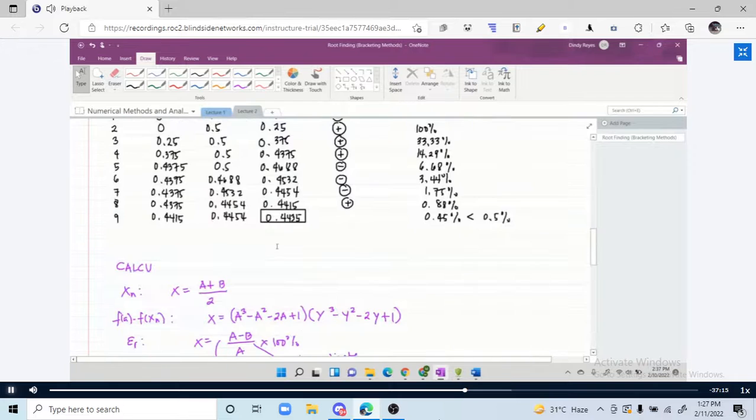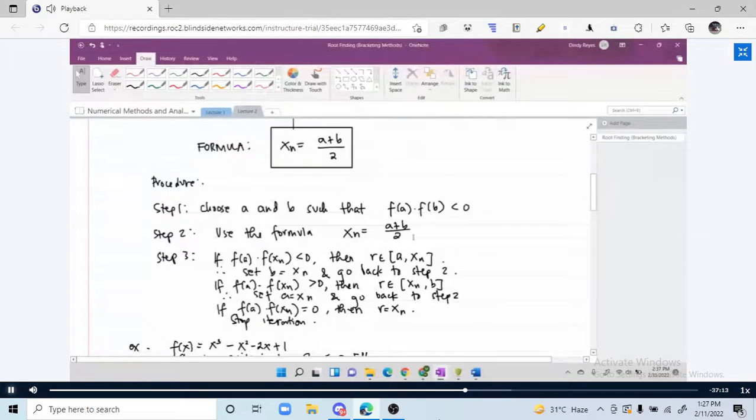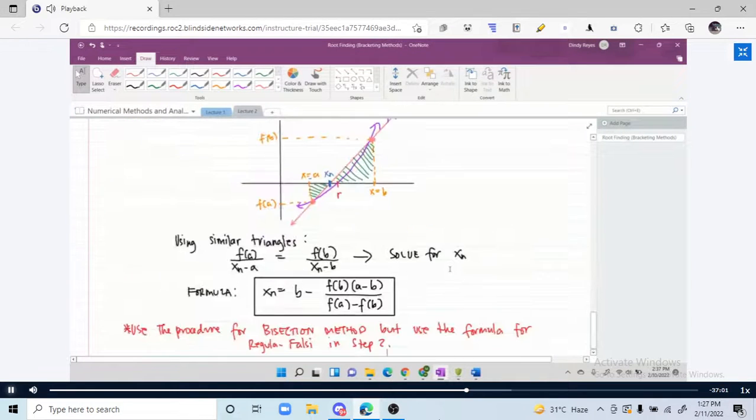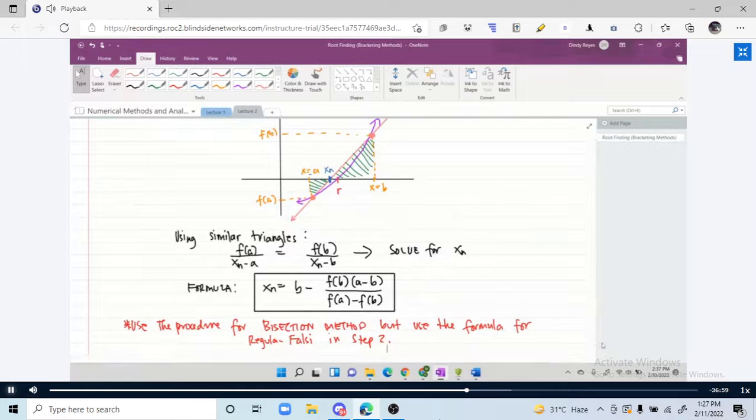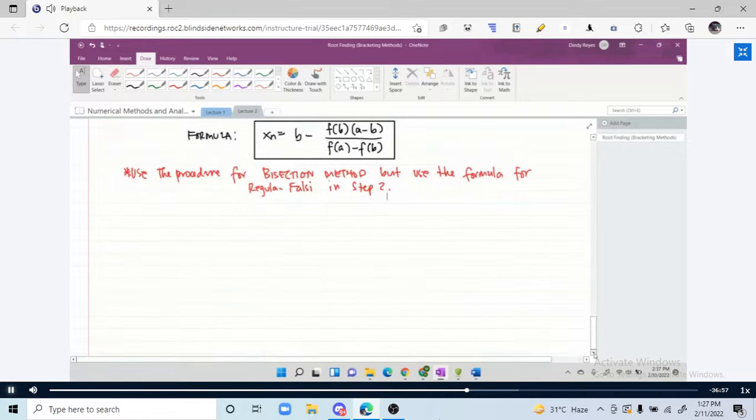Okay, kasi di ba remember in step 2, use the formula x sub n, this one. This is the formula for bisection method. This is the only thing that we will change. Okay, but step 3 will remain the same. Step 1 is still the same in regular falsi. We'll just change the formula in step 2.